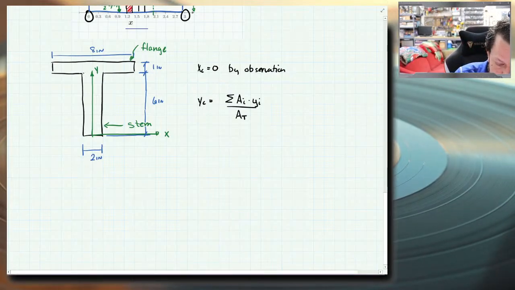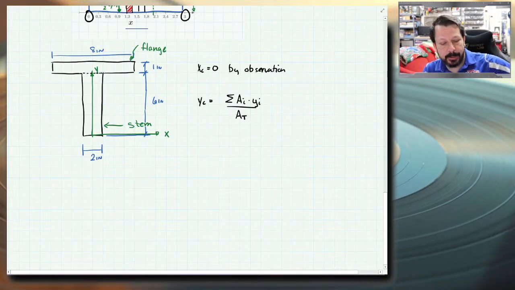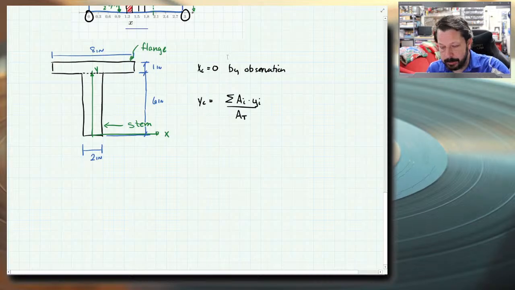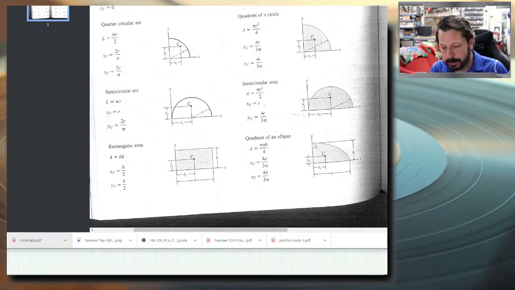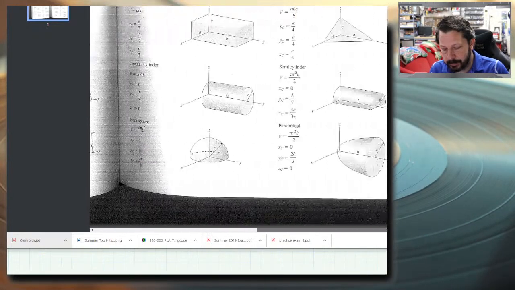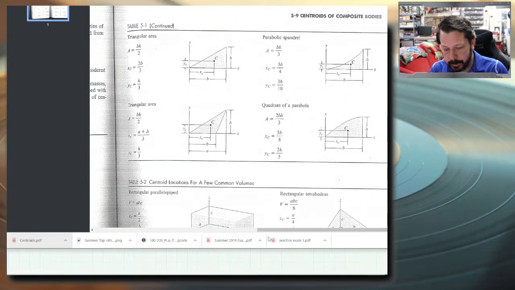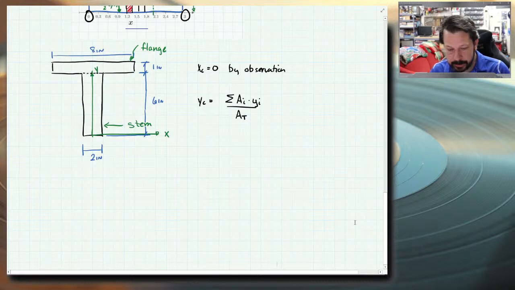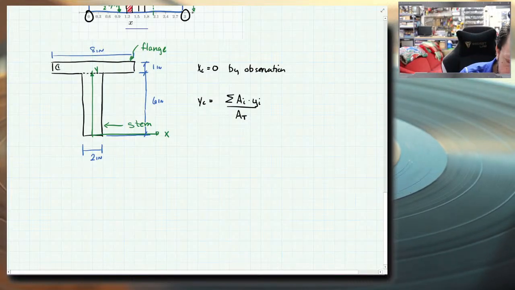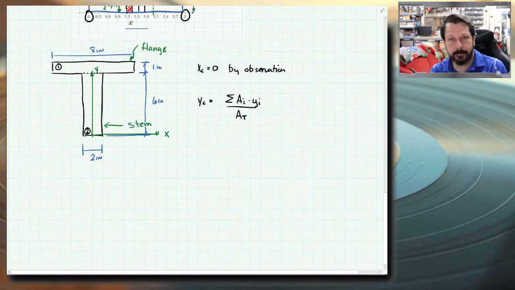So the first thing you need to do is figure out how you are going to break this T shape into shapes that you do have knowledge about. The shapes you have knowledge about are these, the rectangles and the arcs and these triangles over here. So the T, the way I drew it, can just be broken into one rectangle that's the flange, chop it right here, and a second rectangle that's the stem.